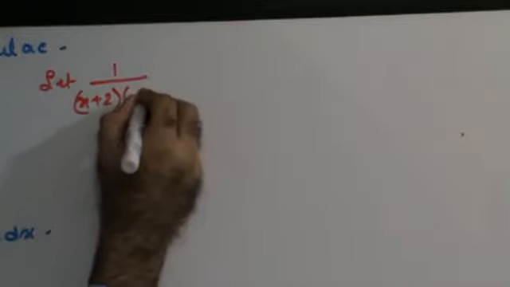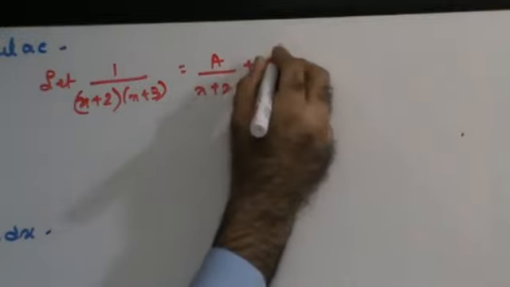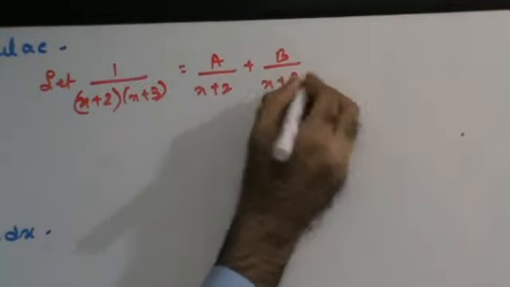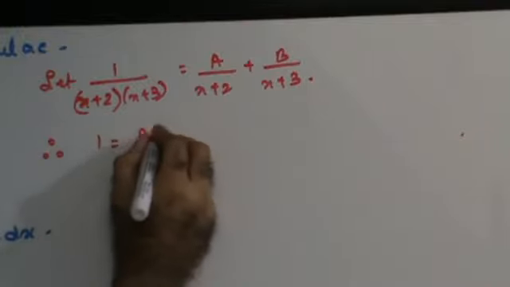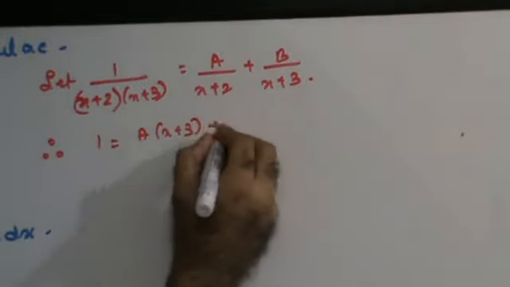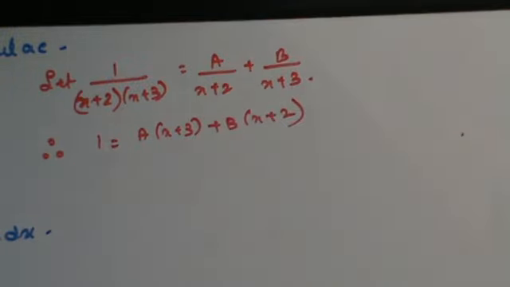Let 1 upon x plus 2, x plus 3 be equal to a upon x plus 2 plus b upon x plus 3. Therefore 1 is equal to a into x plus 3 plus b into x plus 2. What did I do? I took LCM and the common denominator got cancelled.